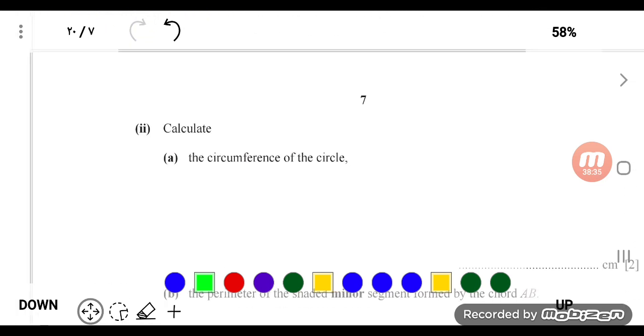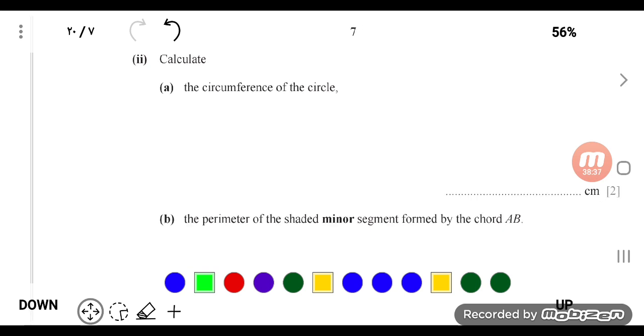Now calculate the circumference of the circle. Circumference of the circle formula, you have to memorize it. Okay, circumference equal 2 pi r.